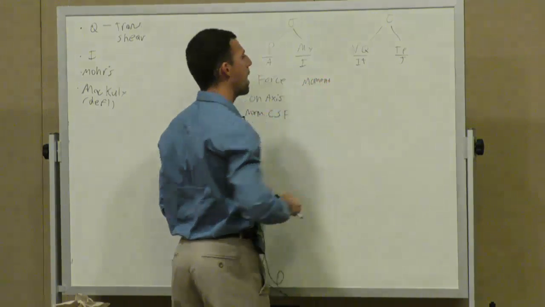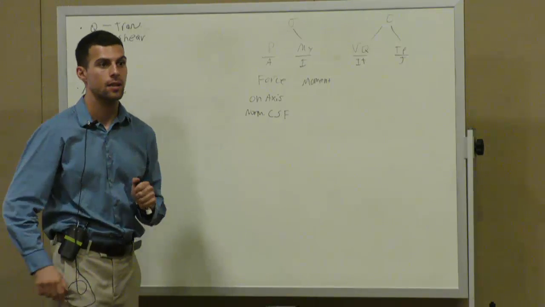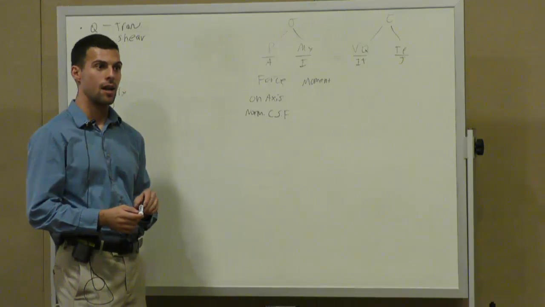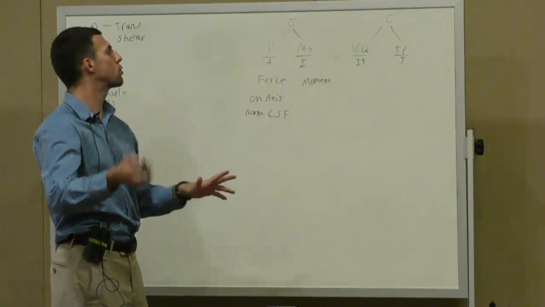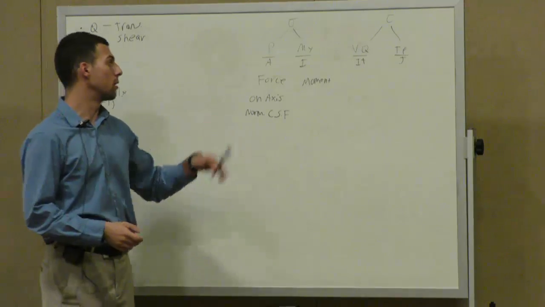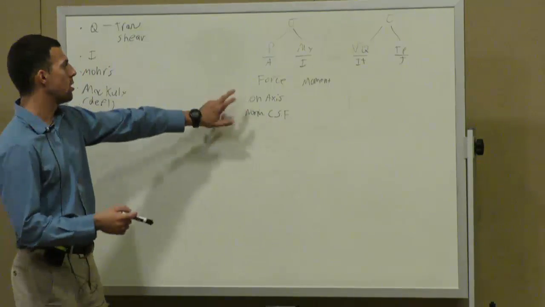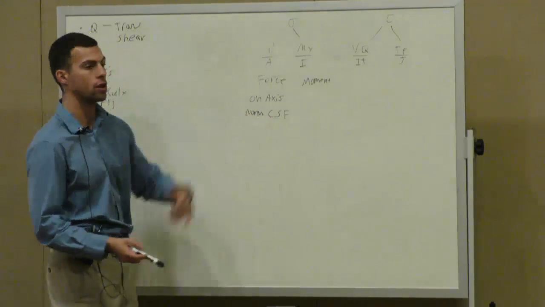And where does that moment act? Which axis? Say again? The neutral axis is defined as the axis about which it acts. So you're not wrong, but remember we established this axis's position relative to the cross-sectional face.